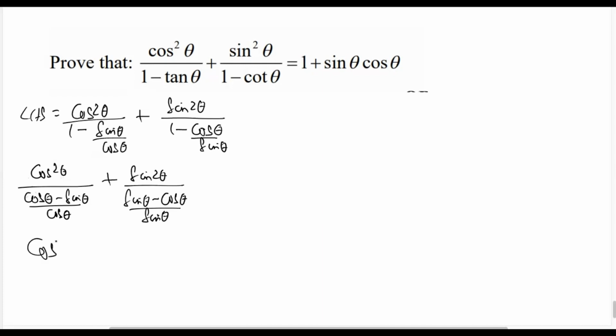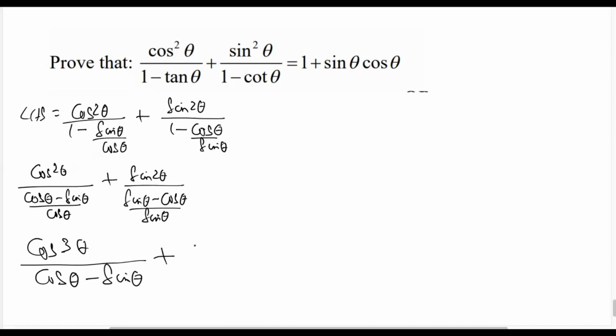So this is cos square theta; on multiplying with the reciprocal, cos will be multiplied with this cos square. So I should write cos cube theta. It should be clear, I suppose. And below it is cos theta minus sine theta.